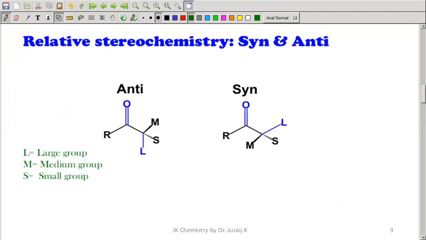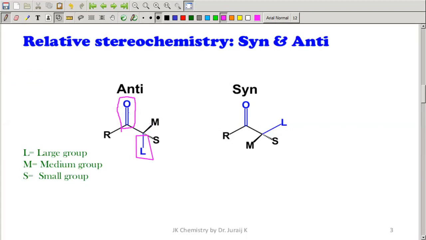That is the relative stereochemistry of the carbonyl compound. Here we are mainly focusing on the carbonyl functional group and one of the substituents at the alpha position. At the alpha position, you can have three substituents, since carbon is tetravalent: one is connected to your carbonyl carbon and the other three are different. Here we classify them as L, large group, M, medium group, and S, small group, in the sense of their atomic size. Among these, we focus on the large group and the carbonyl carbon.